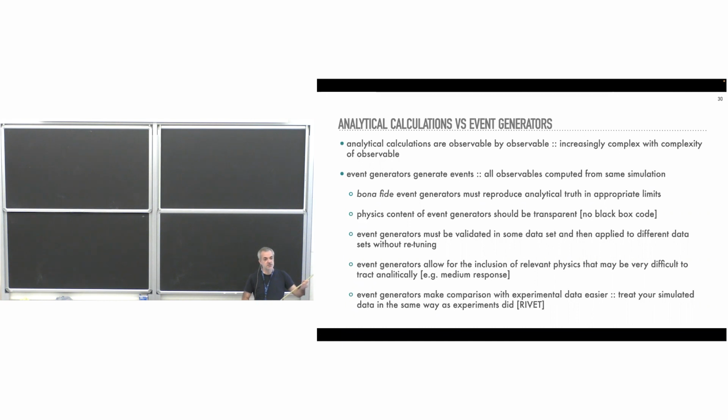I mean, always be suspicious of Monte Carlo event generators where you have no idea what's happening, or where it's impossible to have an idea of what's happening, where there are parts that do things that you don't understand. A very important thing is that event generators must be validated, or if they have tunable parameters, that should be done on some data set, and that data set becomes irrelevant after that.